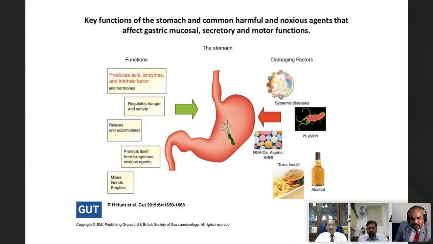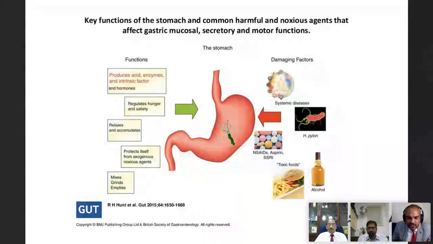And this H. pylori, once it finds favorable conditions to grow, proliferates and induces some unwanted changes in the stomach mucosa, probably inflammation and atrophy. And this disrupts the overall functionality of the stomach.